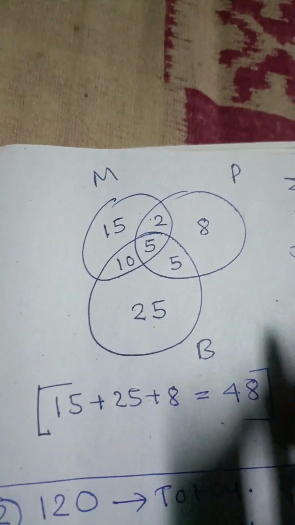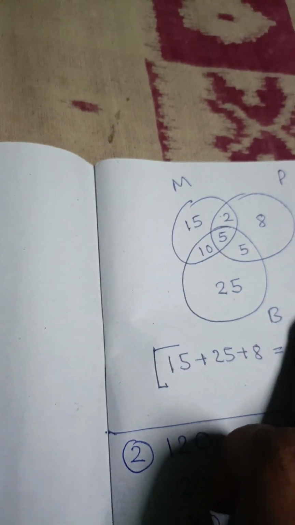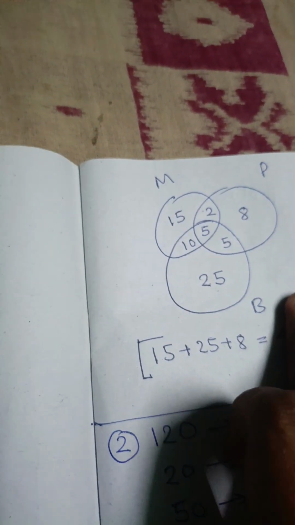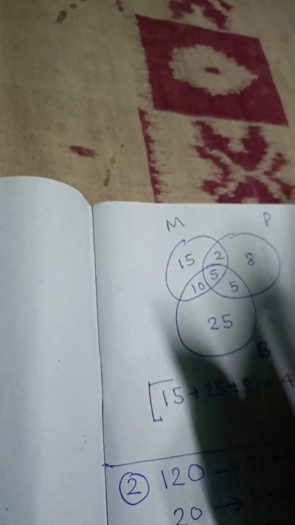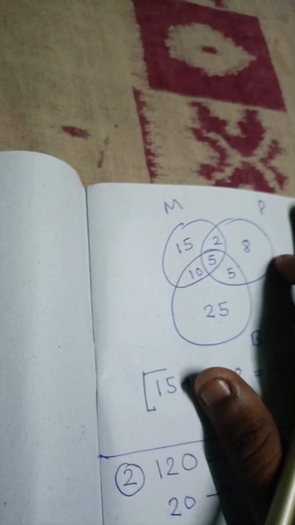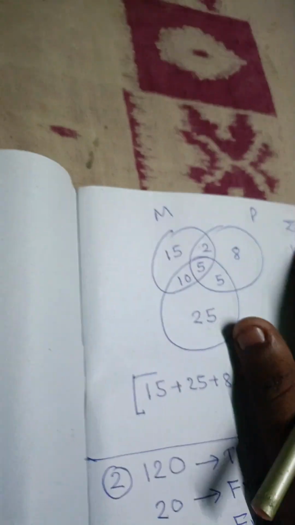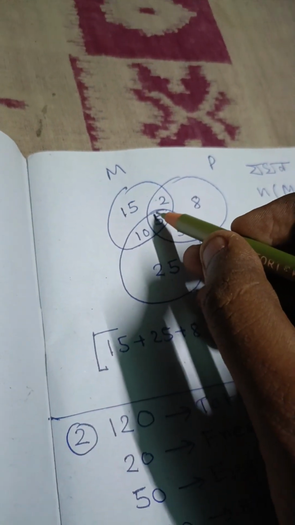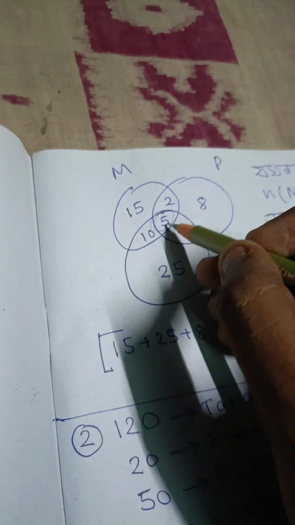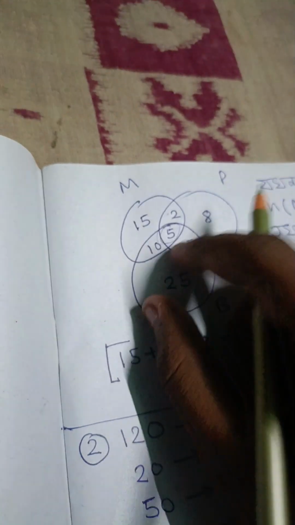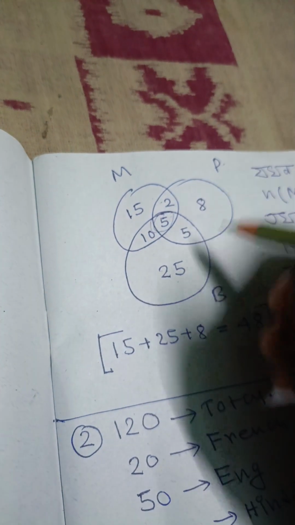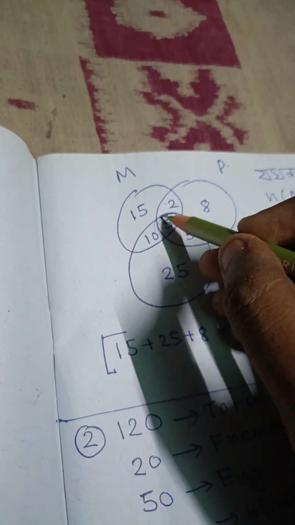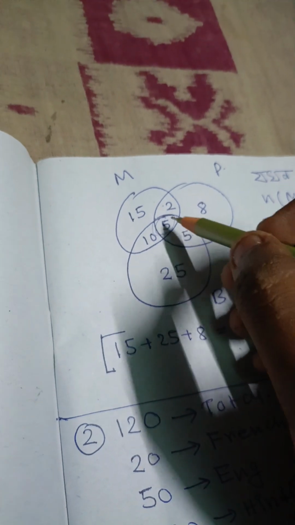Let me write it again. Here is the data and the Venn diagram, which will make it easy. To solve this type of problem with a Venn diagram, first we have to find the intersection of everything, I mean the students studying maths, physics and biology, the intersection point of the three things.